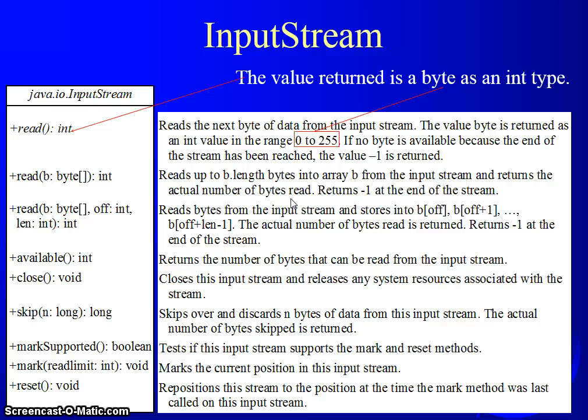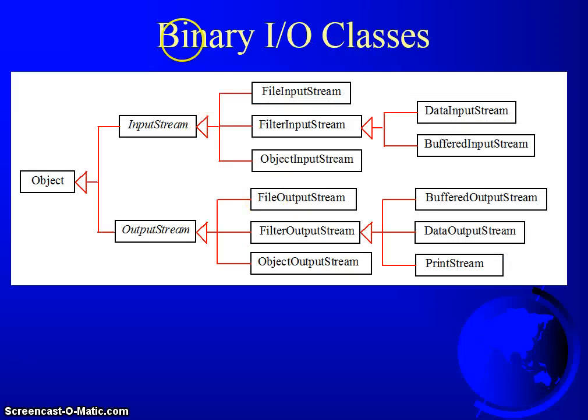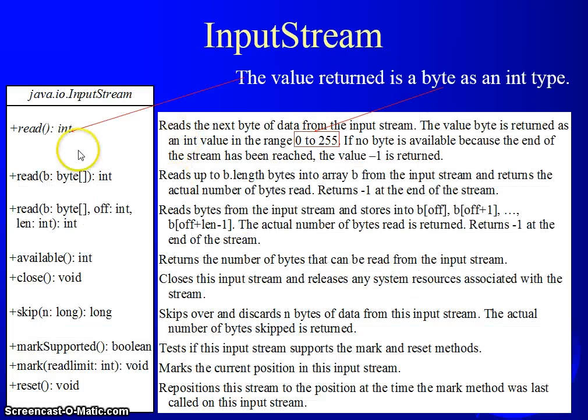Now, when you look at InputStream, this is the class. The read method returns an int, okay. These are the methods that you can use. The value returned is a byte as an int type, and we know that is between the 0 to 255 range.